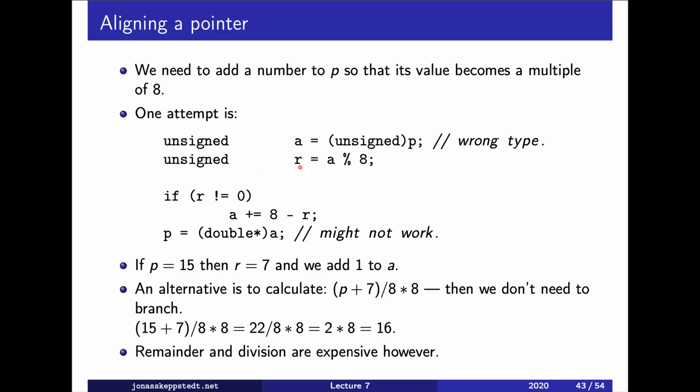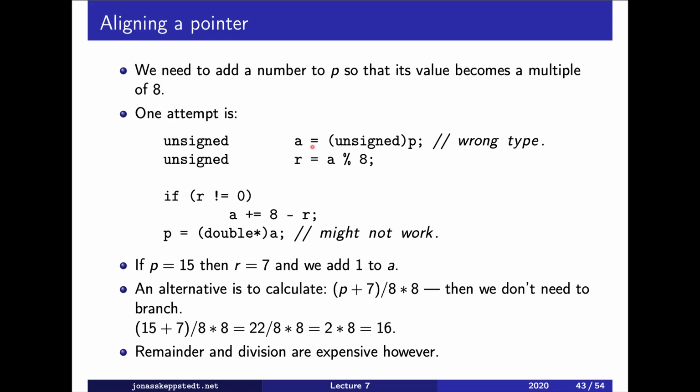I mean, if that is 0, then p was already a multiple of 8. Okay, we cannot write p mod 8 because that's not permitted by the standard. We must use an arithmetic type and not a pointer type. So therefore we use this cast.